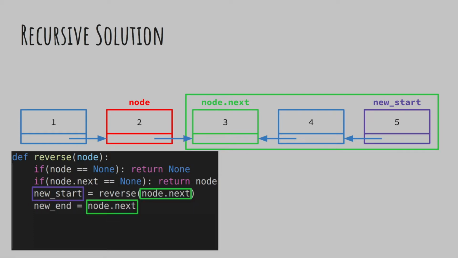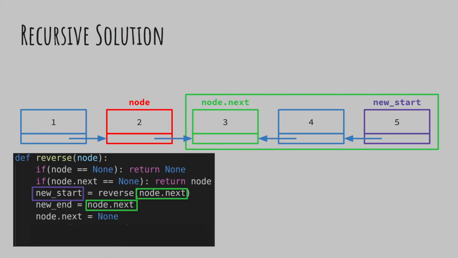And then in the next step, we know that the new ending point of that reversed linked list will be node.next. So it will be the node with value 3. And our current node is still pointing to node.next. So we will remove that pointer, and we will append the node to the new reversed linked list.